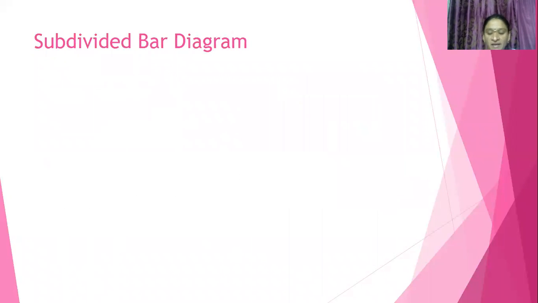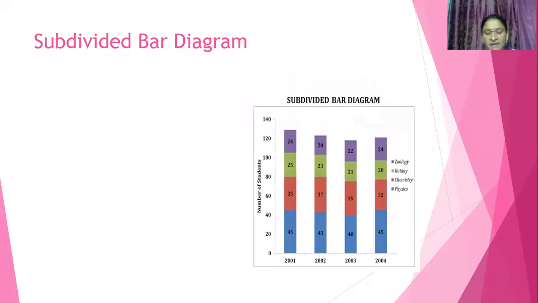The next type of diagram is subdivided bar diagram. In subdivided bar diagram, unlike simple bar diagram, here we can represent more than one variable in a single bar. Here, if you see this example, I have shown the marks of 4 subjects, that is zoology, botany, chemistry, and physics, and how many students have got those marks.